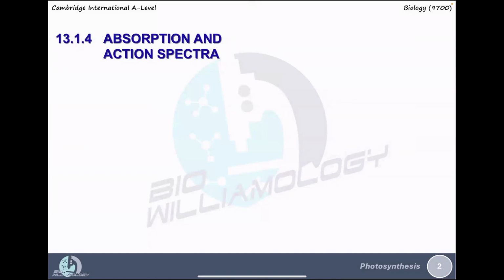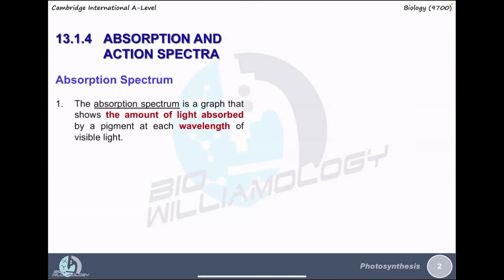Absorption spectrum. So what is an absorption spectrum? The absorption spectrum is a graph that shows the amount of light absorbed by a pigment at each wavelength of visible light. So basically, we want to study how much light is absorbed by a particular pigment, for example, chlorophyll A, from the wavelength, for example, 400 nanometer all the way to 700 nanometer.